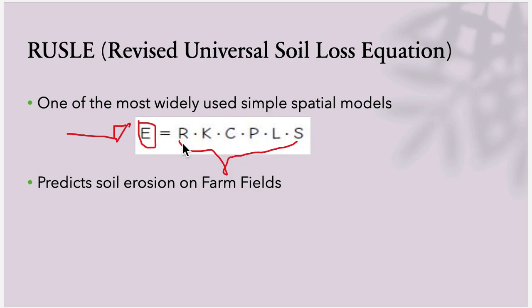R stands for rainfall factor, K stands for soil erodibility, C stands for crop effects, P accounts for management practices, and L and S represent our slope length and steepness. When you multiply these factors, you will get your average annual erosion rate. This simple spatial model, RUSLE, is commonly used to predict soil erosion on farm fields.